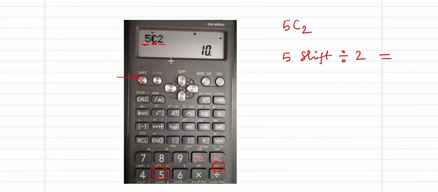When you press the equal to sign, automatically the answer for your 5C2, which is 10, will be displayed on the display. So this is how you calculate your NCR. You press the number, then you press the shift operator, and then you press the division sign so that the C will be activated, and whatever be the number you want on the side of it, you press it and press the equal to sign, then you will get the answer accordingly.